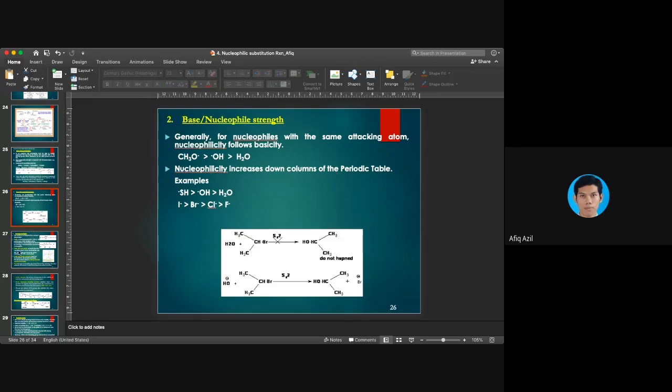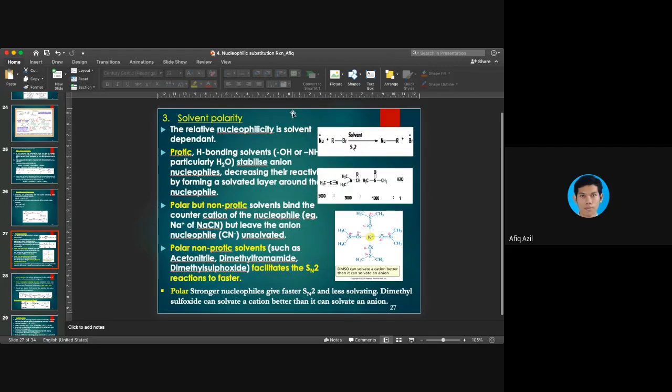Then solvent polarity. We have two types of solvent: polar protic and polar aprotic. Earlier in the slide, I mentioned that all the reactions normally proceed via polar solvents, but you have two types of polar solvent as well, polar protic and polar aprotic. Polar protic is those solvents that contain OH or NH.